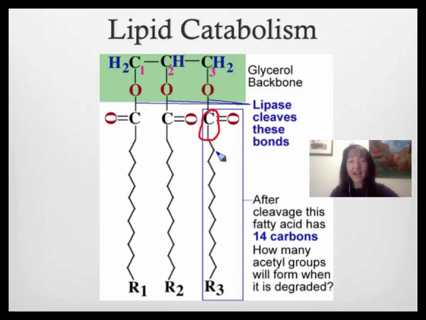And then we have 3, 4, 5, 6, 7, 8, 9, 10, 11, 12, 13, and 14. So 14 carbons. How many acetyl groups does that mean we have? And then how much energy are we going to get from this fat? So this is the challenge I'm going to leave you to work through during class and to calculate.